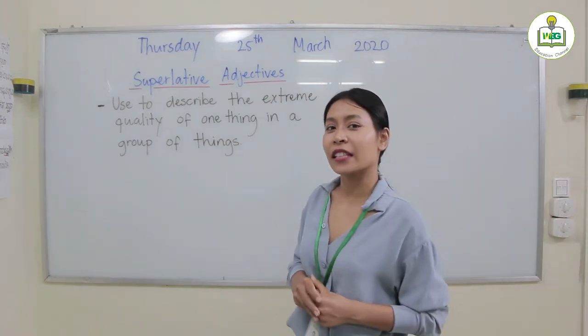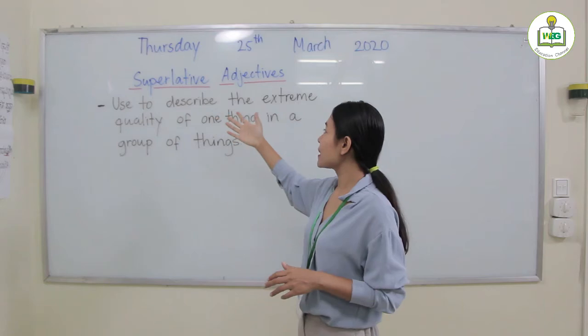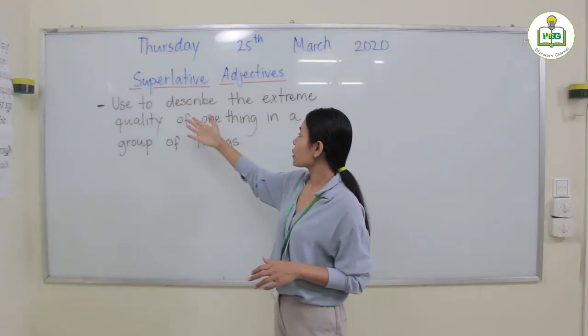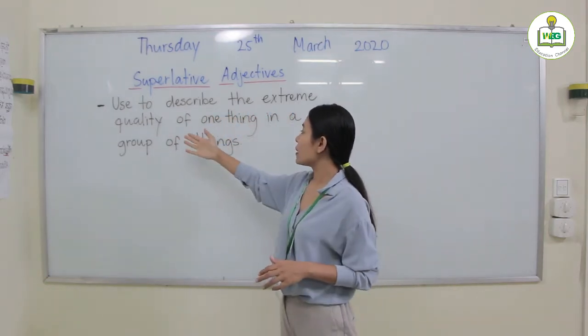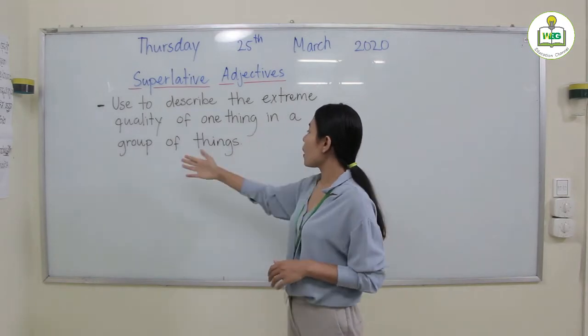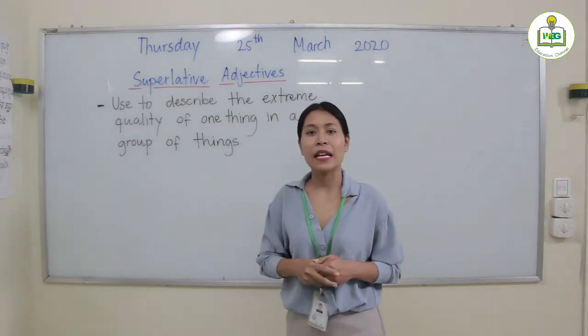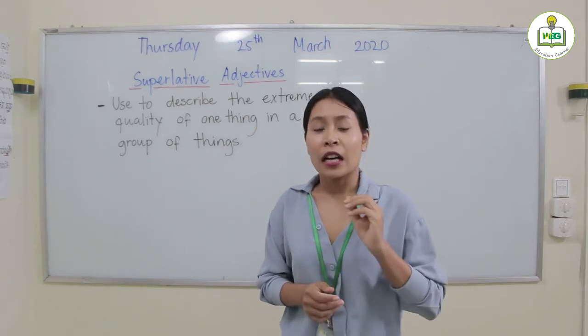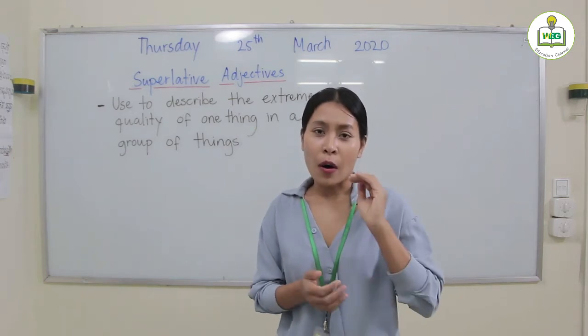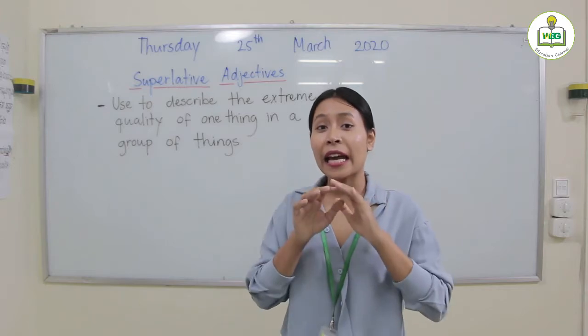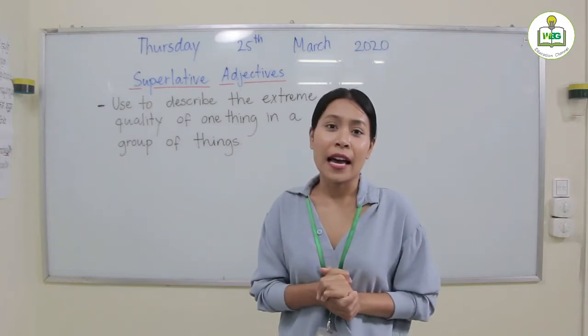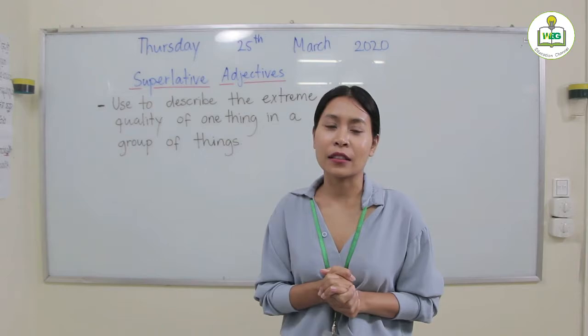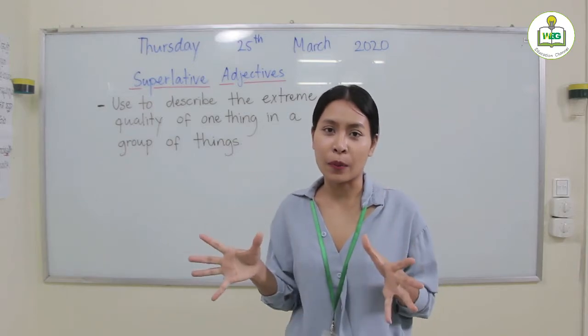As the definition here says, superlative adjectives are used to describe the extreme quality of one thing in a group of things. So what does it mean? It means that a superlative adjective is looking for one thing in the group which has the best quality or has the lowest quality among that group.